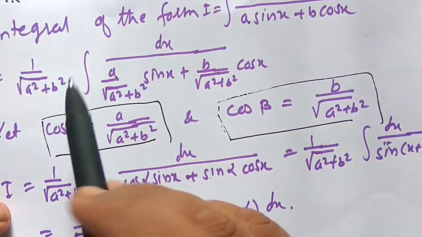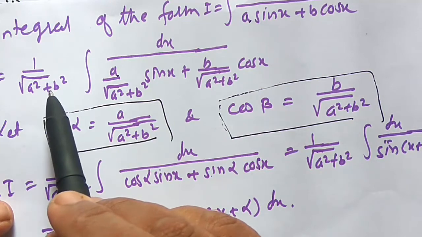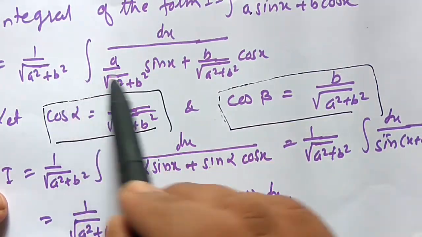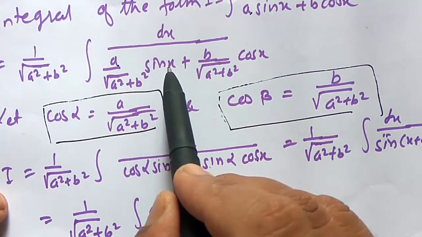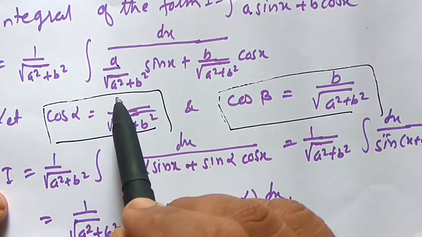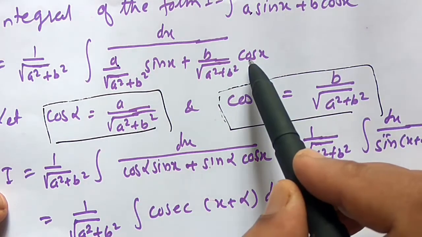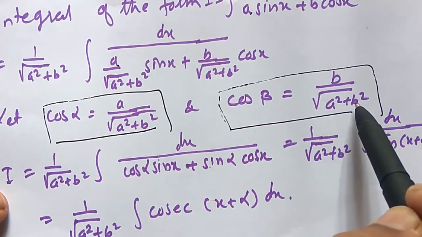For that, we multiply and divide the denominator by under root of a square plus b square, so that the coefficient of sin x is cos alpha, which is equal to a upon under root of a square plus b square, and the coefficient of cos x is cos beta, b upon under root of a square plus b square.